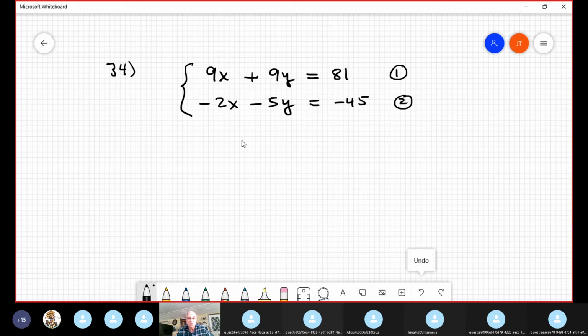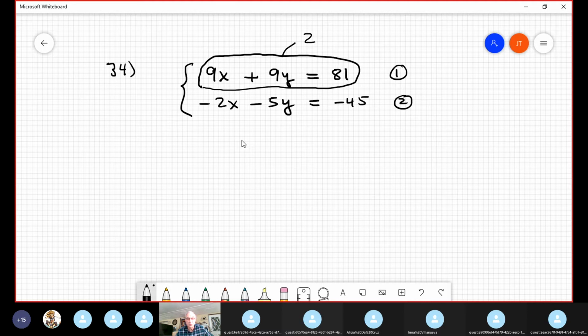Another way, some students say, I don't like 5. Suppose you multiply this equation by 2, because 2 is easier than 5, Professor. Okay, I respect that. And you multiply the second equation by 9.